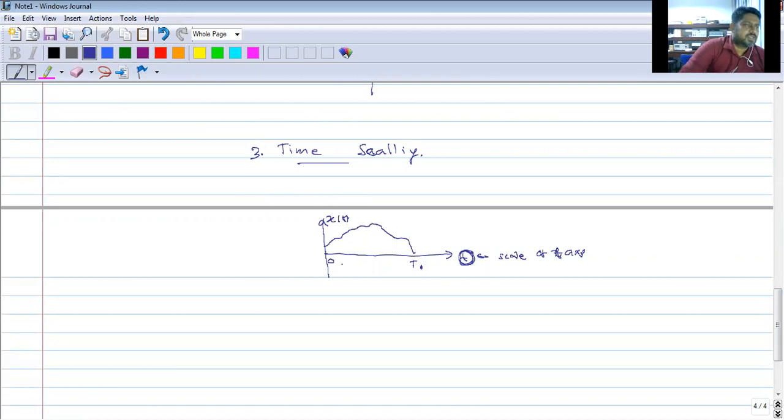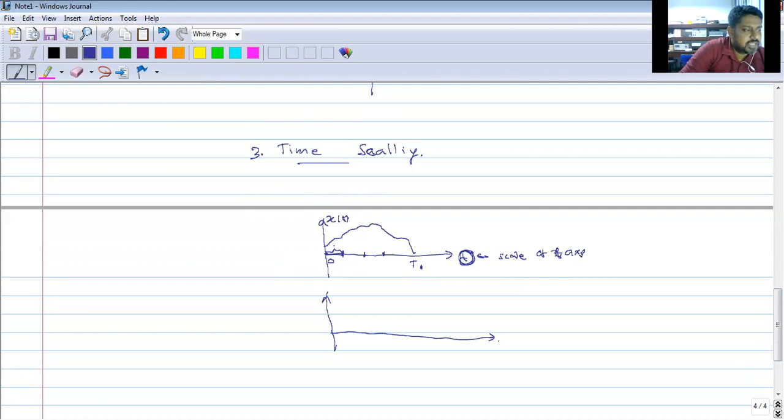Let's say now for 1 second you are using this much distance, and after time scaling you are using a different distance.